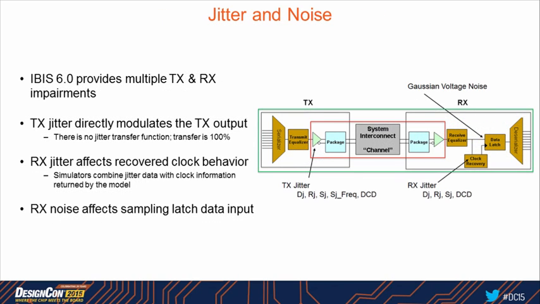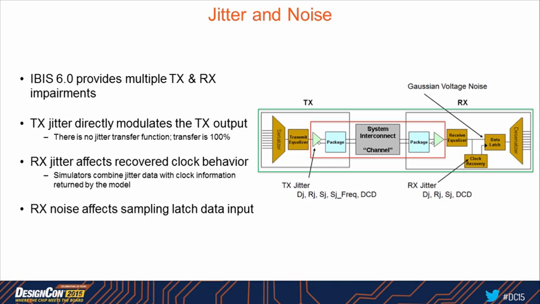Now, having mentioned jitter real quickly, we'll take a look at it. IBIS-6 actually provides multiple transmit and receiver jitter sources or impairments. Transmitter jitter is assumed to directly modulate the transmitter's analog output, so that when you think about jitter transfer functions, they don't exist in AMI. Any jitter that you have is directly what's at the transmitter output.